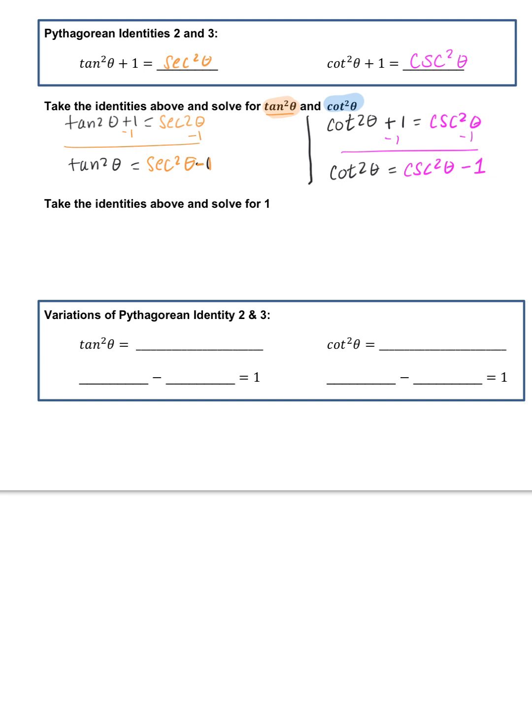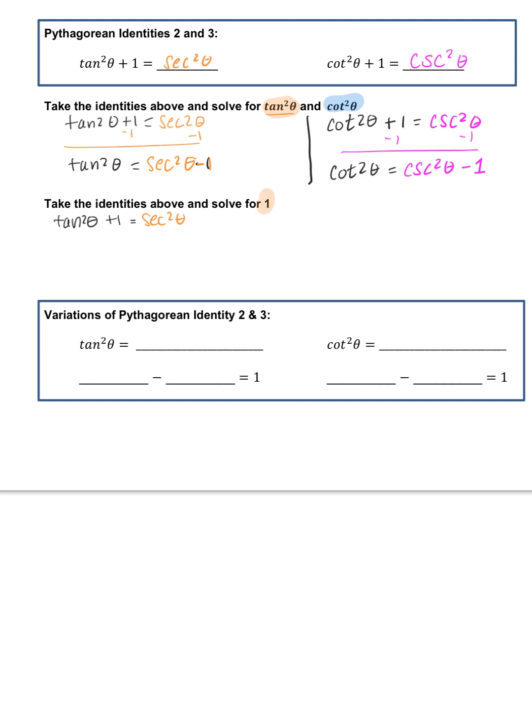So you're always taking the identities, and we're doing tangent squared theta plus 1 equals secant squared theta. This time we're solving for 1. So if we're solving for 1, we want to move over the tangent.